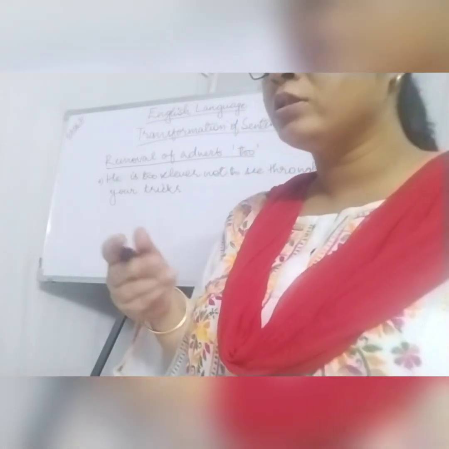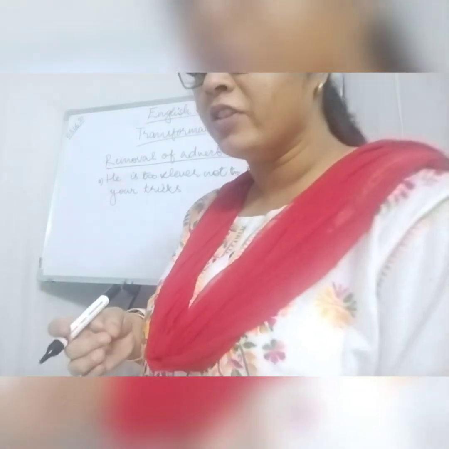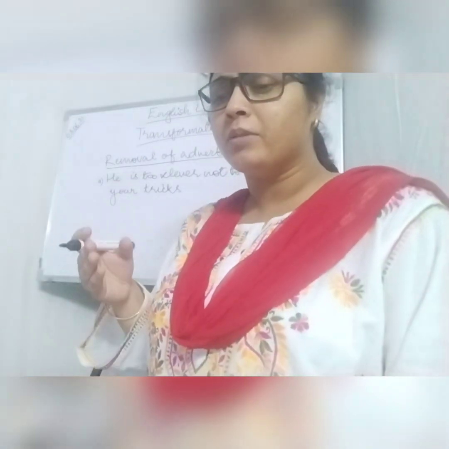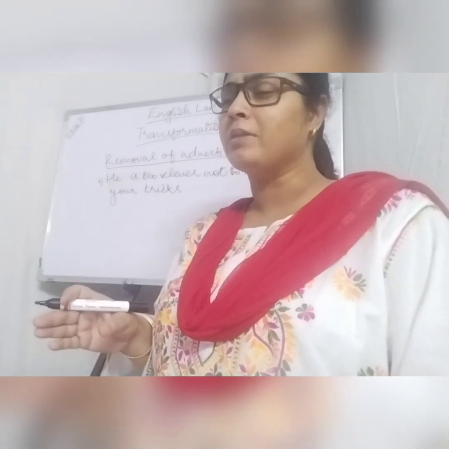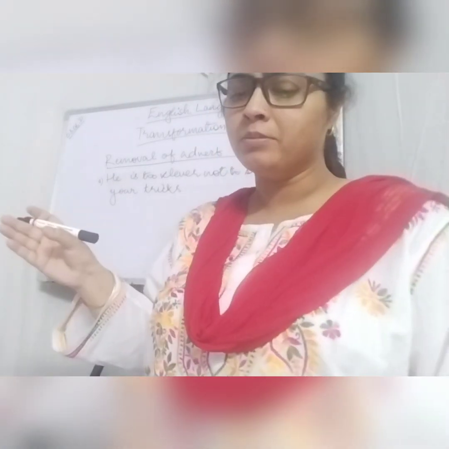Now whenever we use words such as not, cannot, and all, it means that it is a negative word. So whenever there is a negative word in a sentence, always remember that the subordinate clause becomes positive. Always remember that the subordinate clause or the supporting clause becomes positive.